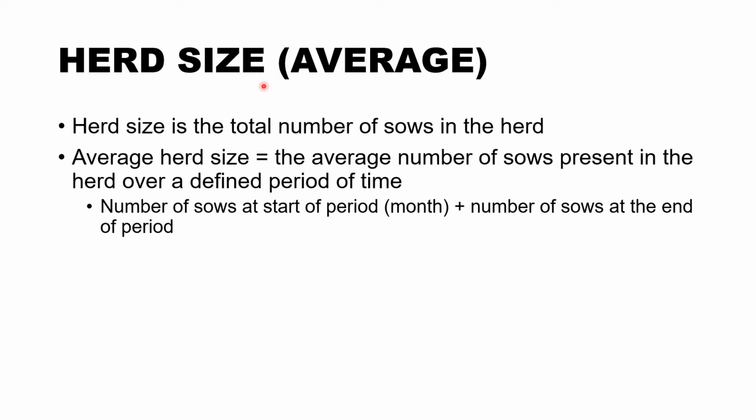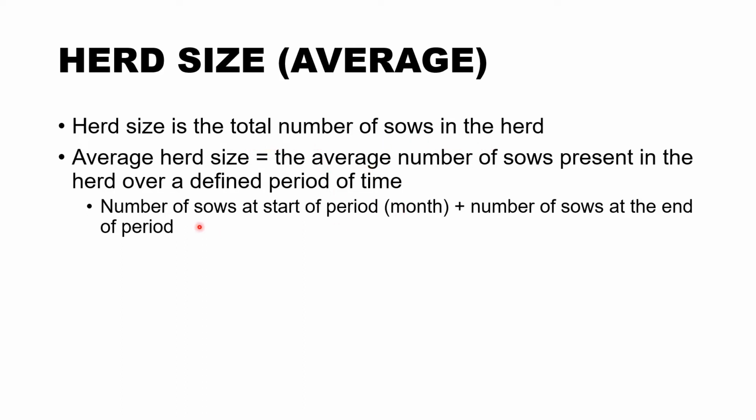So, this is what we call average herd size. When we say herd size, it is the total number of sows in the herd. Let's assume sows, it can also be your breeding herd. It can be a breeding herd, that's why sows. It can also be the growing herd, so the total number of growers in the herd.